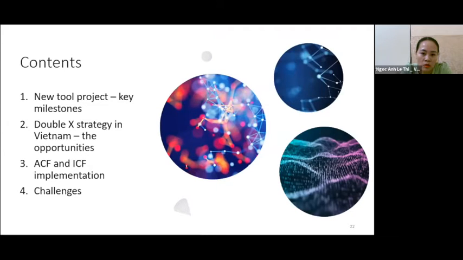Thirdly, we will provide some information on the implementation of active case finding, as well as the identified case finding at health facilities. And the last one will be some challenges in implementing the project in 10 provinces in Vietnam.